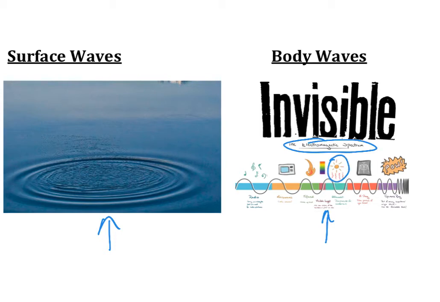We can see the light, but a lot of the electromagnetic spectrum we can't see, like radio waves and microwaves. We can see the microwave, but we can't see the waves that are actually cooking our food. So there are a lot of things that we actually can't see on the electromagnetic spectrum, which is very similar to these body waves.